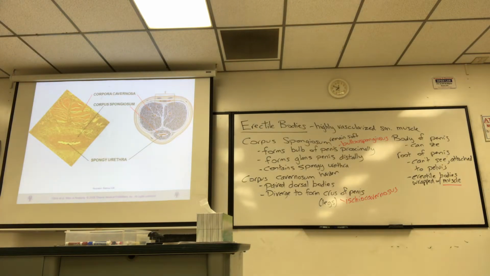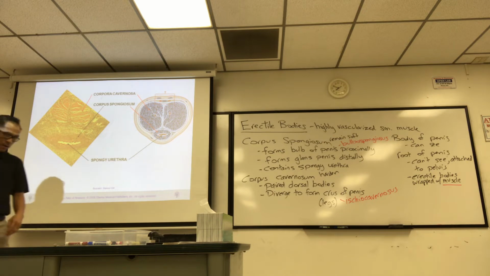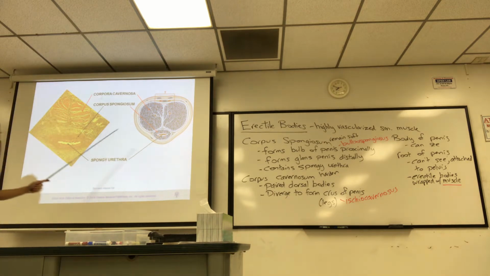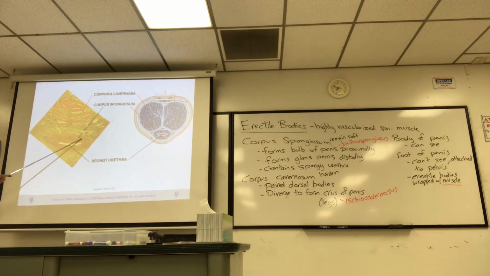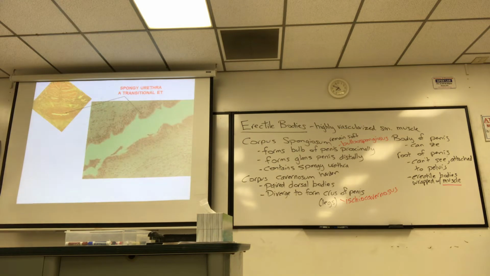So I put the monkey face illustration next to the histology slide. This is from our collection, and I rotated it in a way so it matches. So you'll be expected to identify the paired dorsal bodies, corpus cavernosum. You have a singular corpus spongiosum with the urethra, and the epithelium is shown there. I zoomed in a little bit.